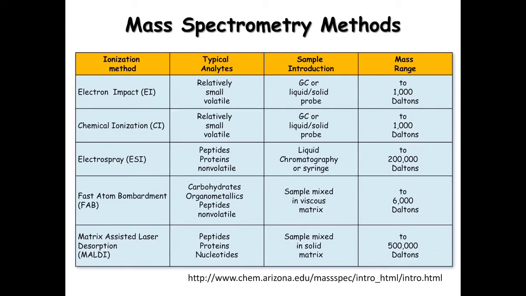Some mass spectrometry methods are electron impact, chemical impact, electrospray, fast atom bombardment, and matrix-assisted laser desorption. And we can see what they're looking at if you look at the mass range and what they're trying to find.